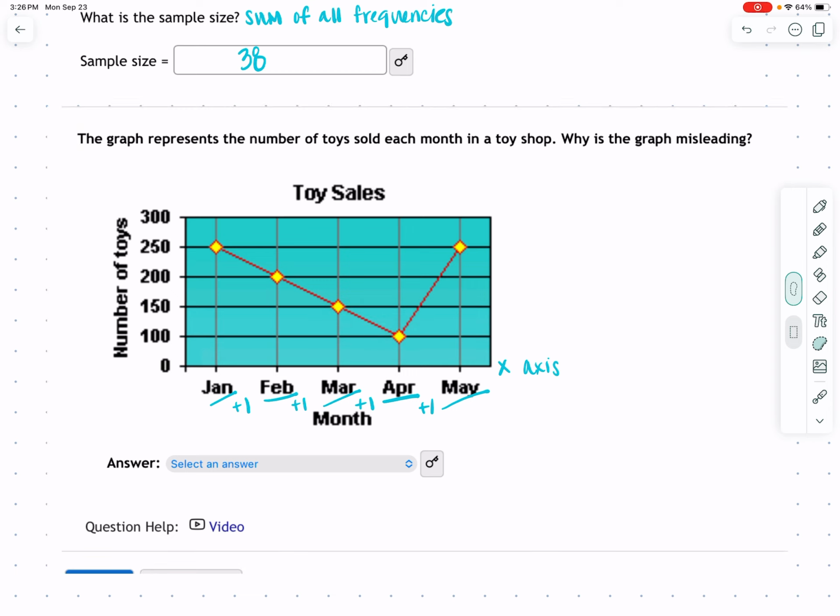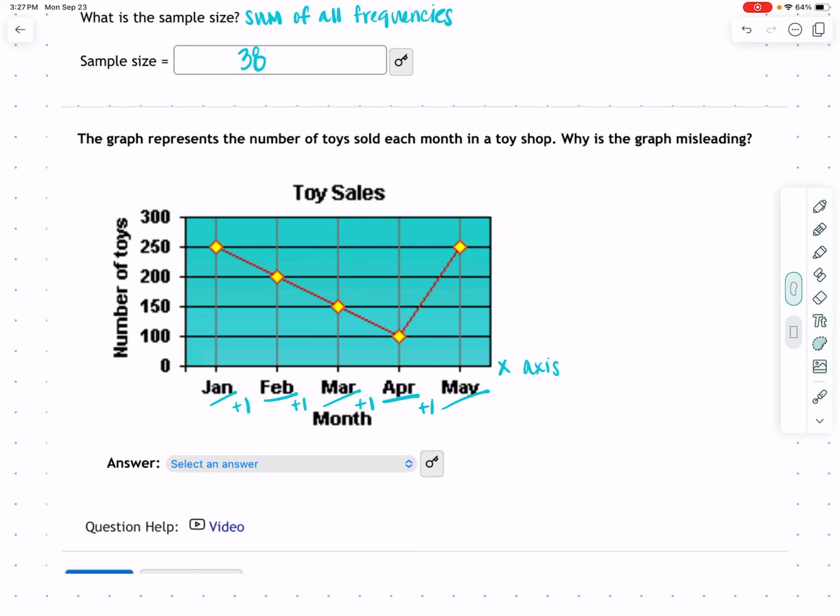A second thing that I remember seeing in the answer choices was that you don't have any data for toy sales after the month of May. That could be misleading if we were representing the number of toys sold each month over the course of a year, and they only gave us the data up until May.